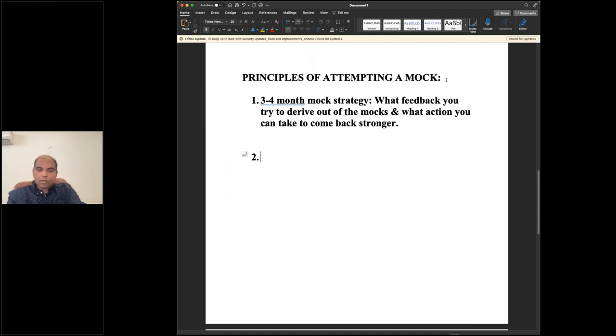And the second dimension is actually behavior inside the mock, behavioral issues and decision making inside the mock.